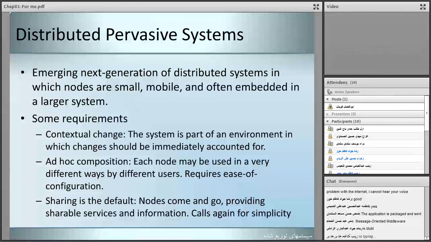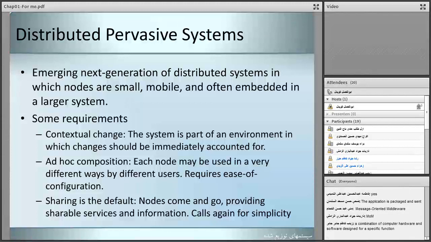What are requirements for pervasive systems? Contextual change. The system is part of an environment in which change should be immediately accounted for. Ad hoc composition. Each node may be used in very different ways, and sharing is the default. The last requirement is important.